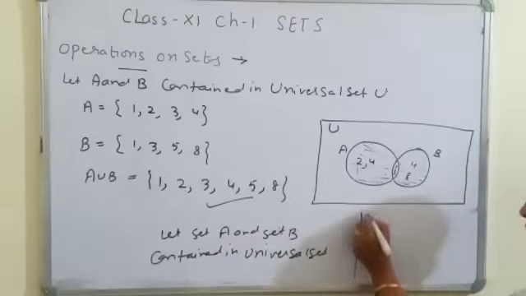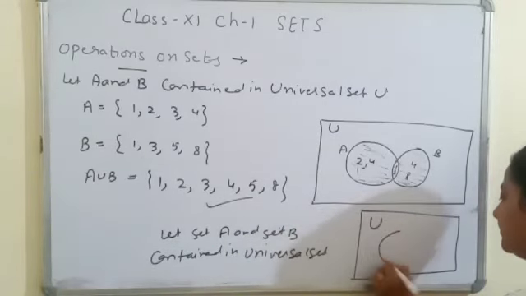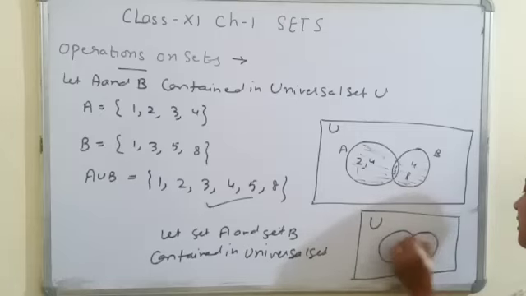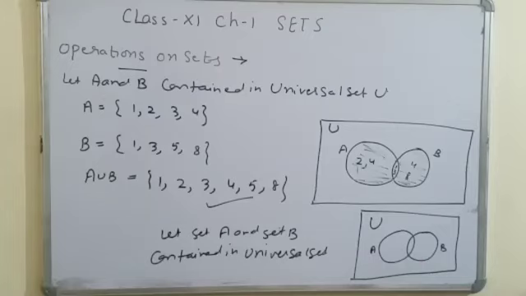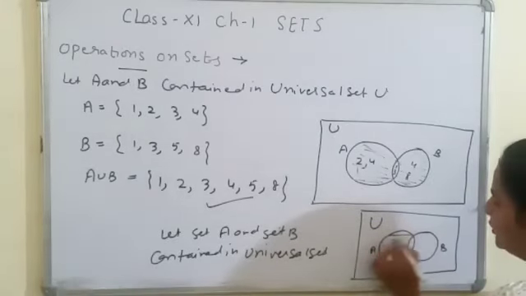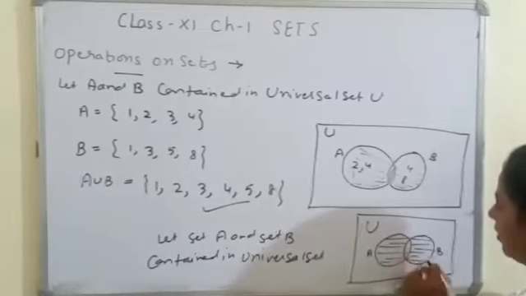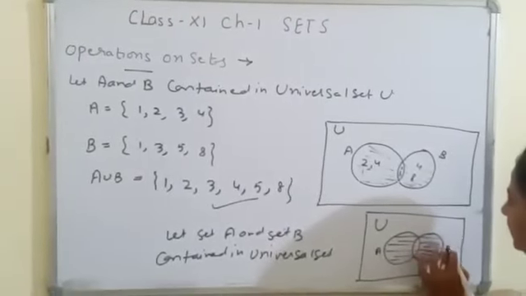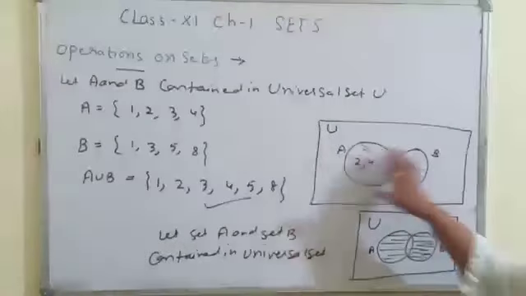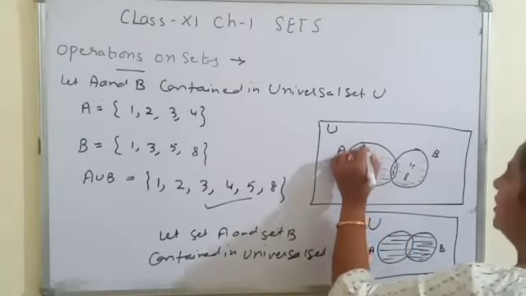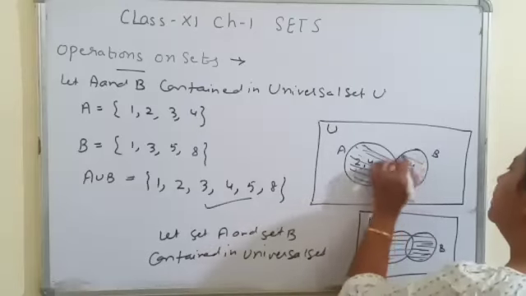This is the universal set, this is set A and this is set B. What is the Venn diagram for it? All shaded area. You can see all the shaded area of set A and set B represents the union of two sets A and B.